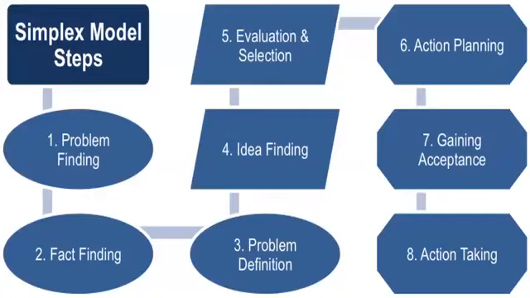We evaluate the ideas and select the best idea that can give us the optimal solution. Then we perform the action for planning. Then we accept what we want to gain, and in the last we take the decision and implement it.